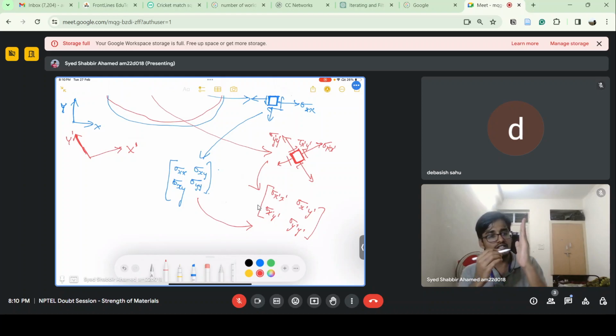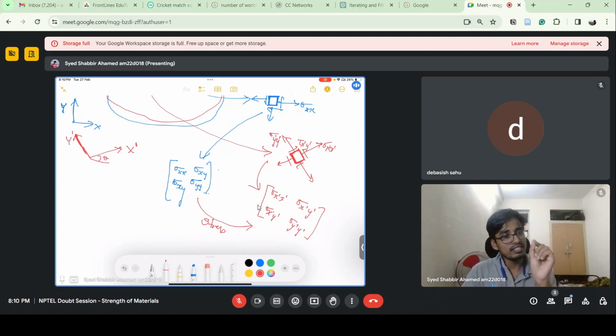If you change the plane, which makes an angle theta with the other plane, the normal stress on this and the normal stress on this will obviously be different. So using stress transformation laws, we can go from here to here using the angle of rotation.